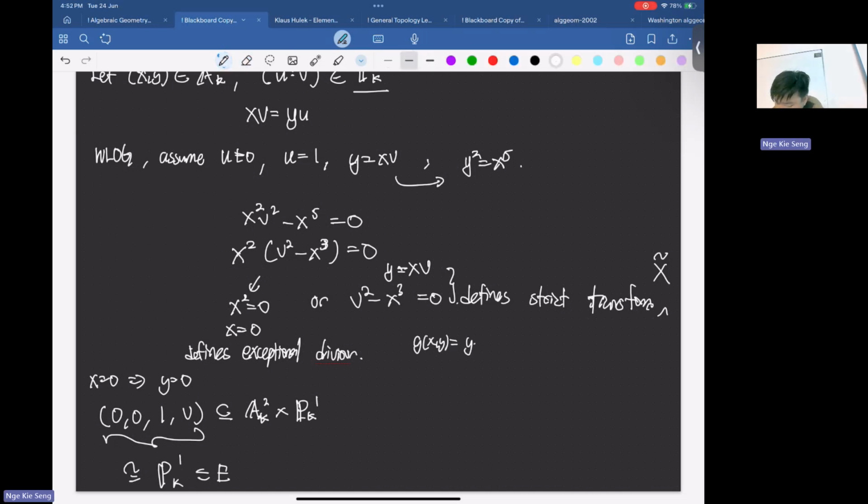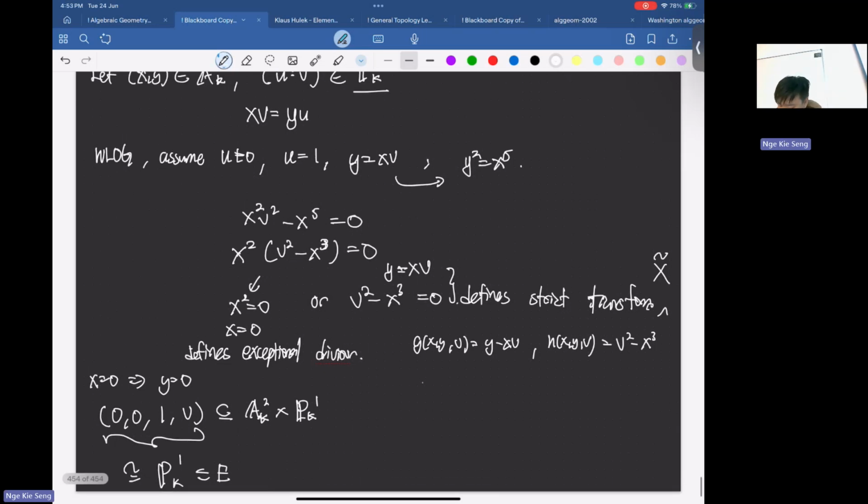Now you have a polynomial, g(x, y, v) equals y minus x v, and then h(x, y, v), should be three variables, equals y squared minus x cubed.